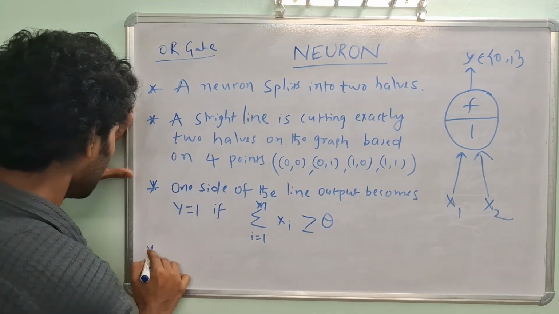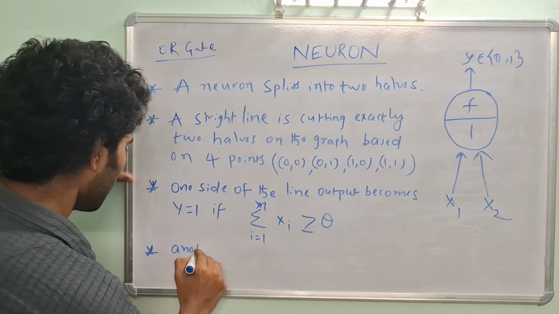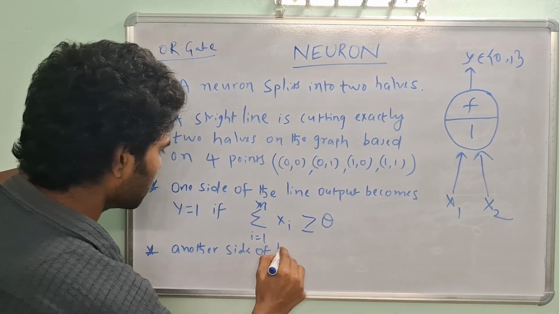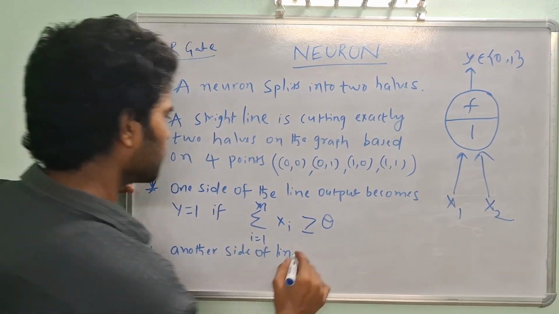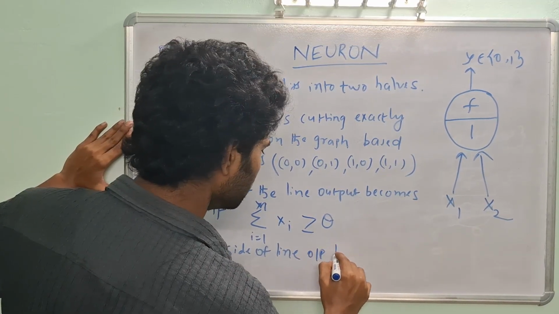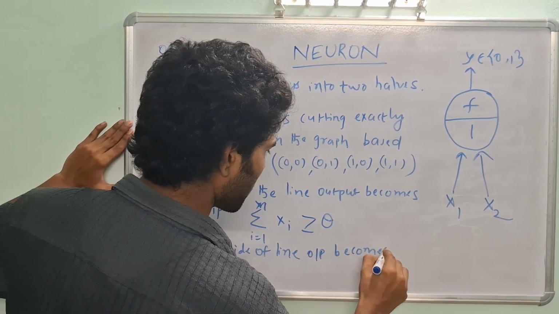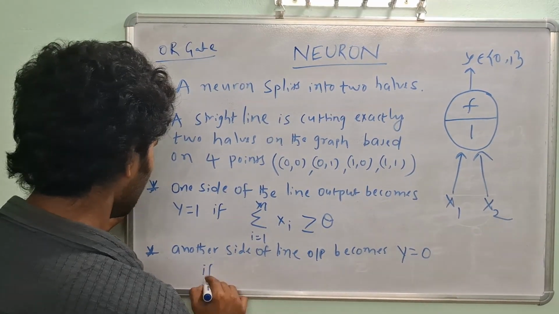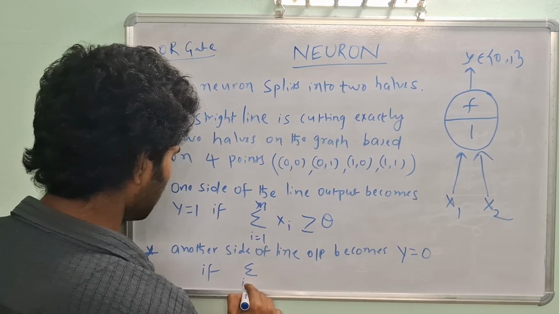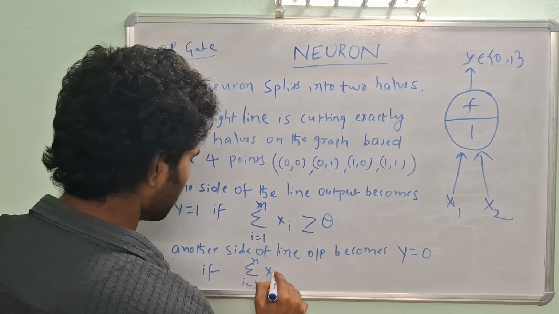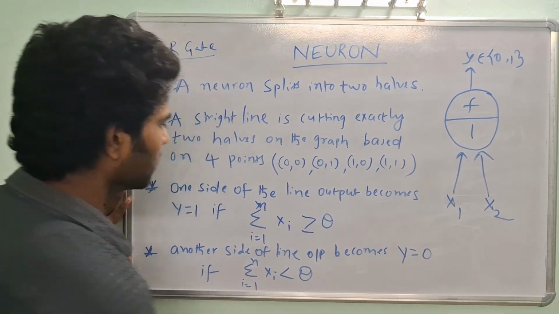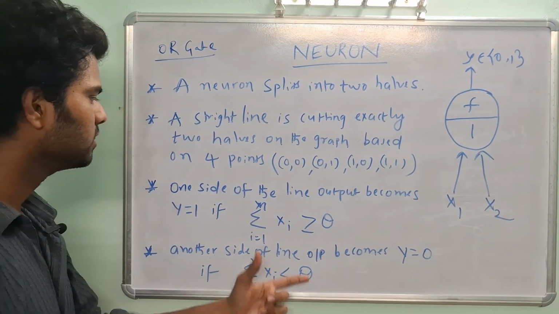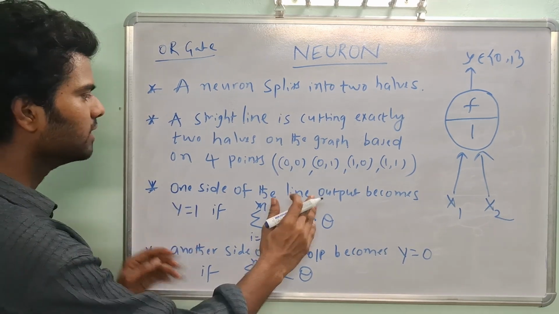And on another side of the line, the output becomes 0 if the value is less than the threshold value. So these two conditions are on either side of the line.